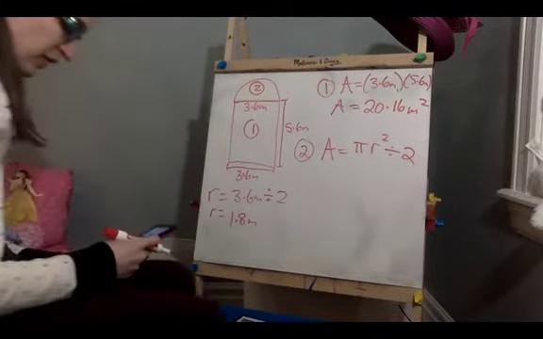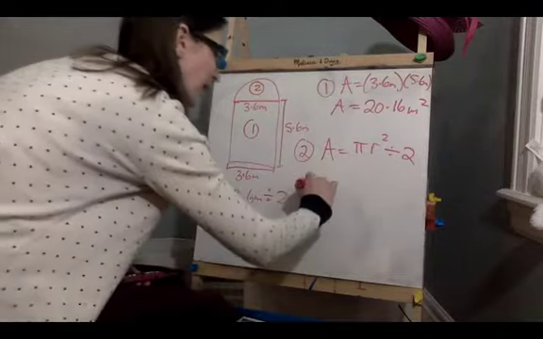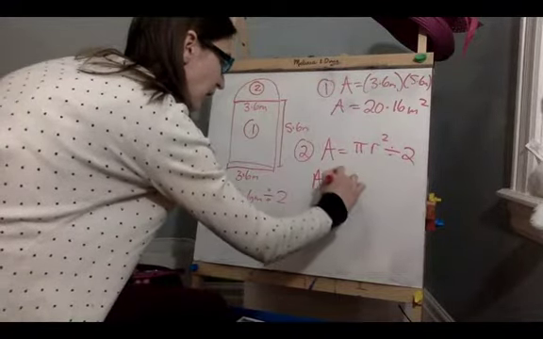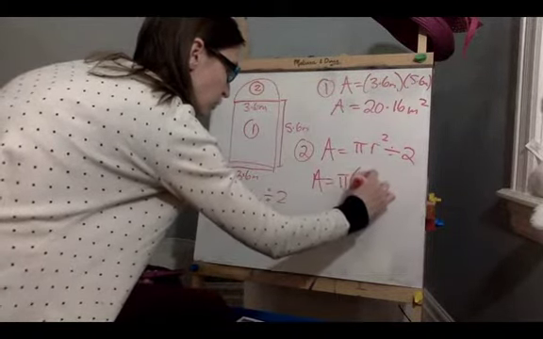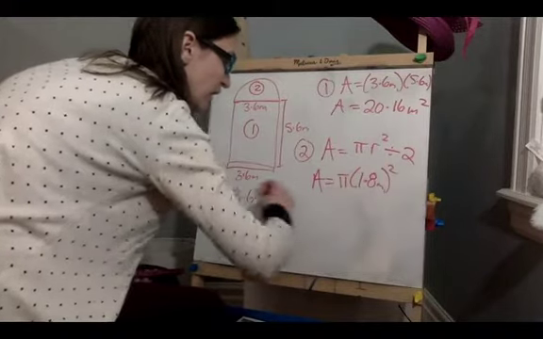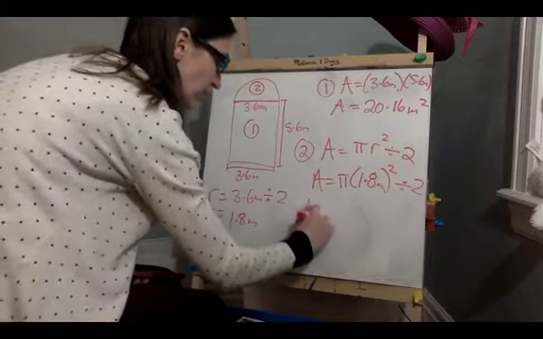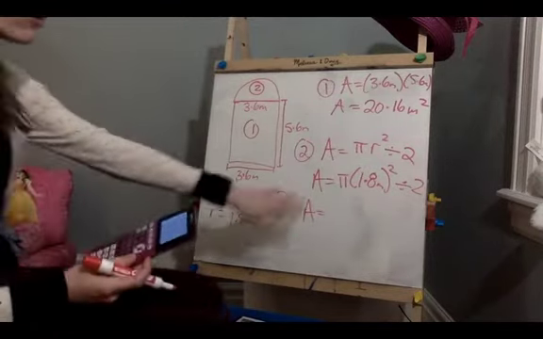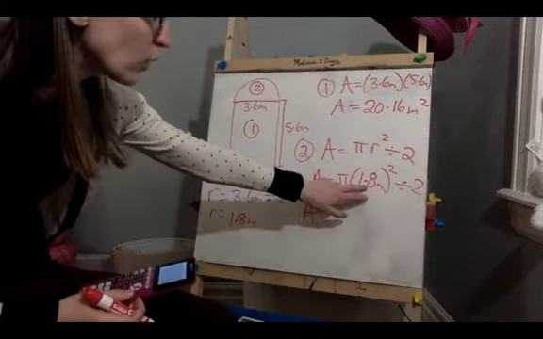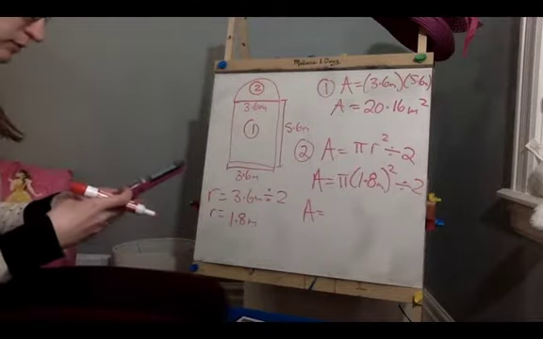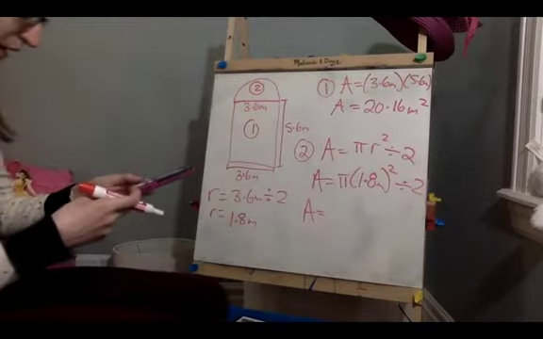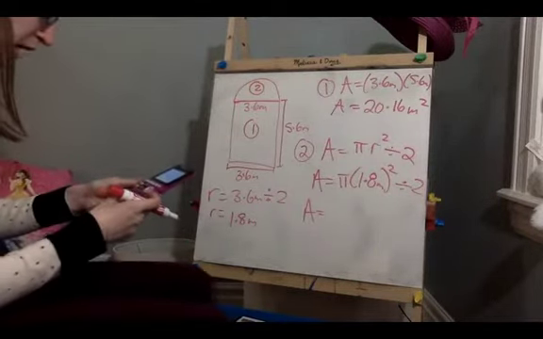All right, so that's the value I'm using for my radius. So when I go to actually do my formula here, it's pi times the radius, which is 1.8 meters squared. Get that answer, and then divide that by 2, right, or cut it in half. So we can take that, remember, follow your exponent laws, take your 1.8 and square it first, then multiply that by pi, and then get a value.